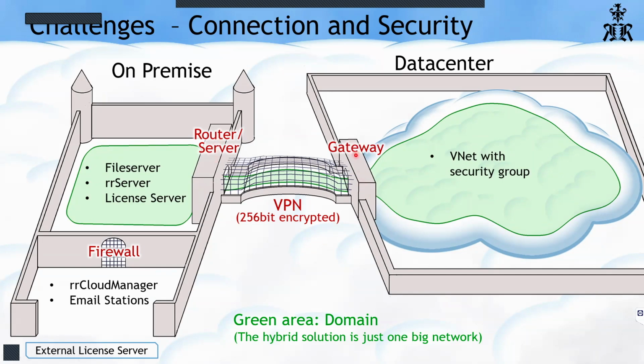On the other side, you have a VPN gateway as well, and they connect. This data is secure, so no one can intercept and decrypt it. So it's not a problem to render in the cloud if you are under restrictions.